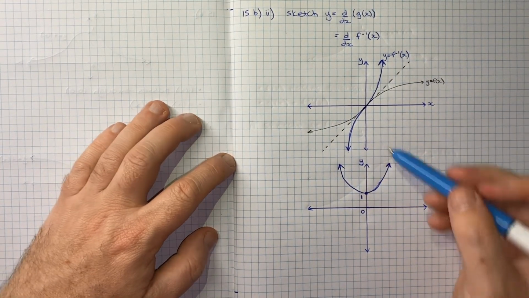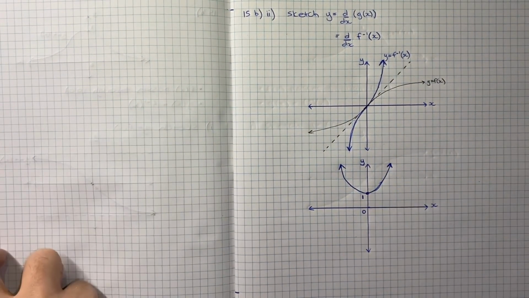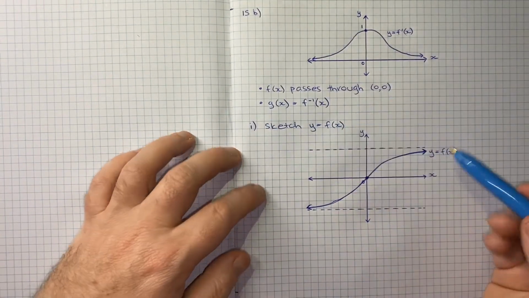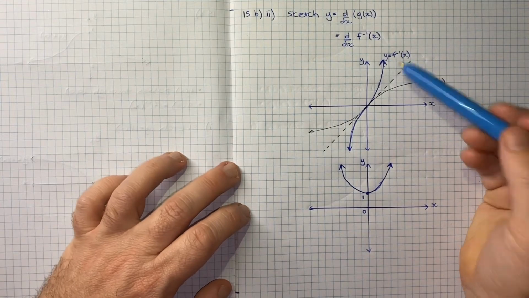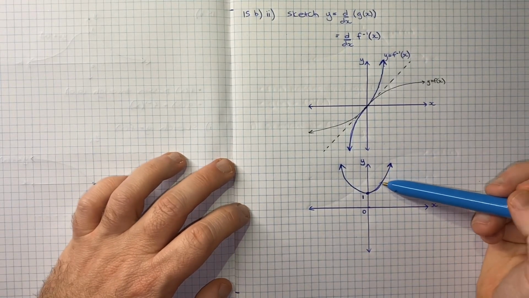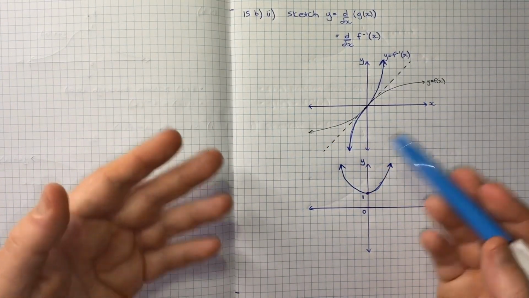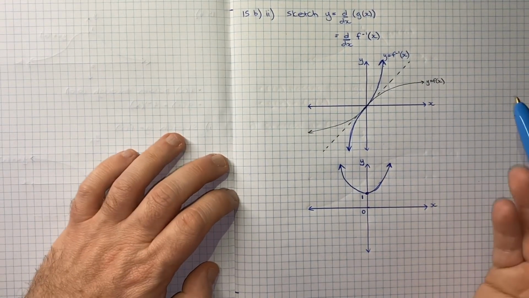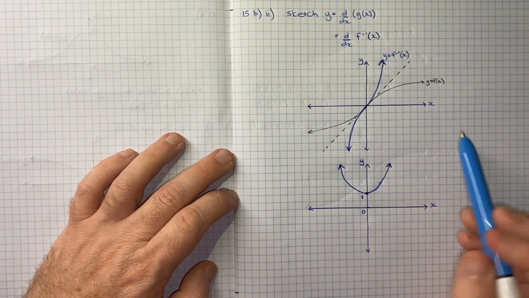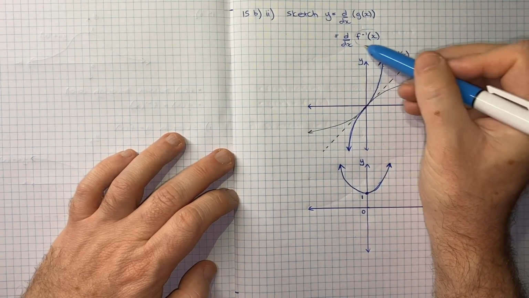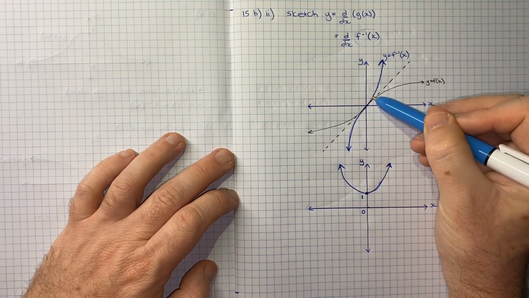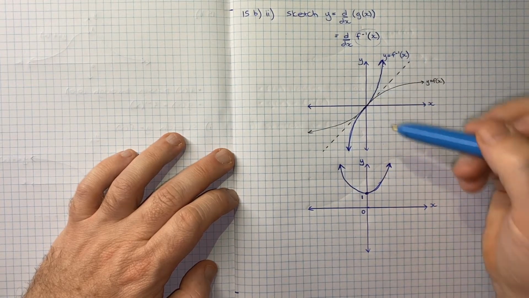We've reverse engineered what we were doing in part 1. We're just going the other direction in part 2, going from a curve to its derivative instead of going from a derivative to its curve, but it's the same set of ideas and principles that we're making use of. I think what makes this a little bit trickier is we first need to think about the inverse function before we can then go to the derivative.